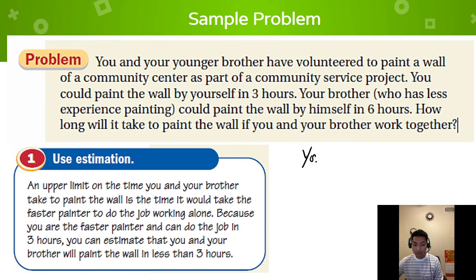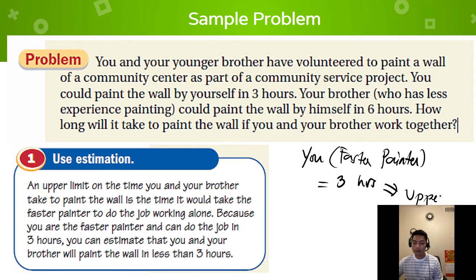So if you, who serve as the faster painter, will take just 3 hours to do the job, then that will serve as our upper limit. Okay? Meaning, what's the meaning of that?